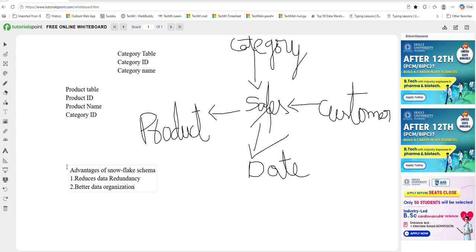It means large enterprise systems use snowflake schema. That's why it is better data organization.